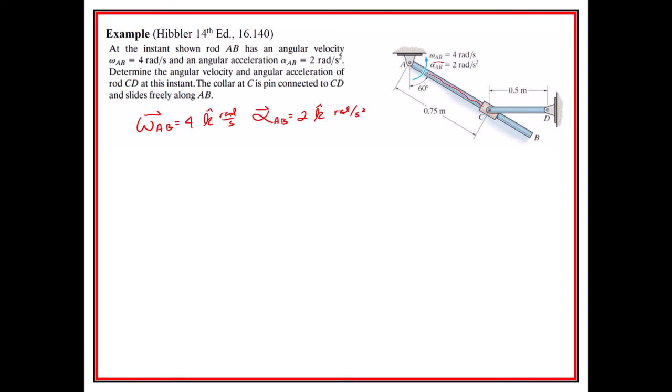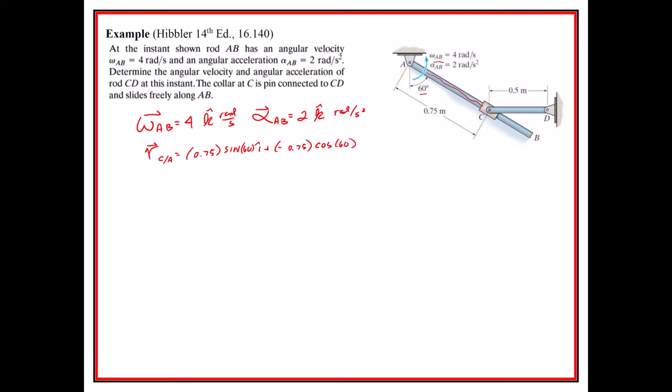Because that's 60 degrees right here, the position vector of C with respect to A is going to be 0.75 times the sine of 60 i plus a negative 0.75 times the cosine of 60 j.